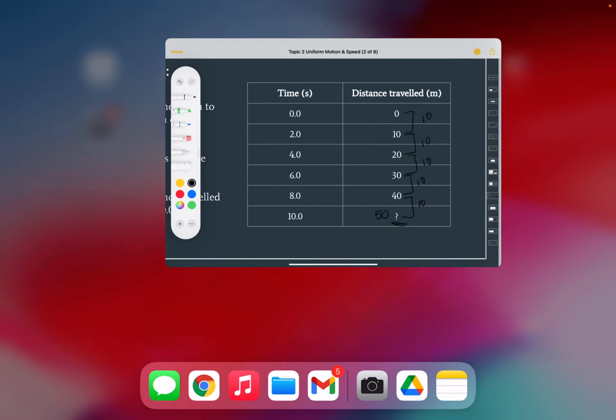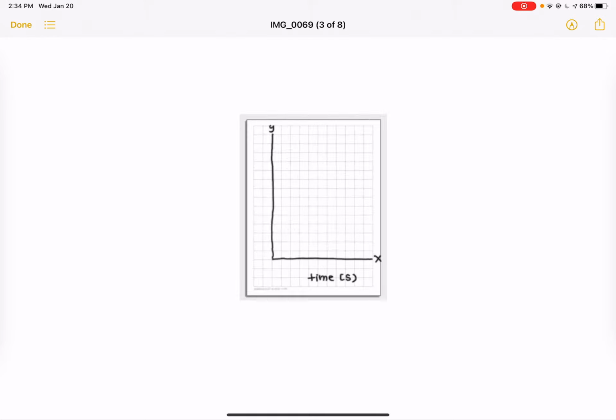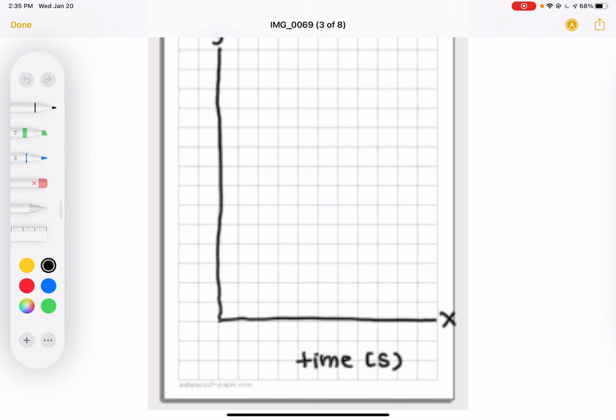So when we draw this, we need to draw in our scale. Right here is going to be 0. Every one square is going to equal 1 second.